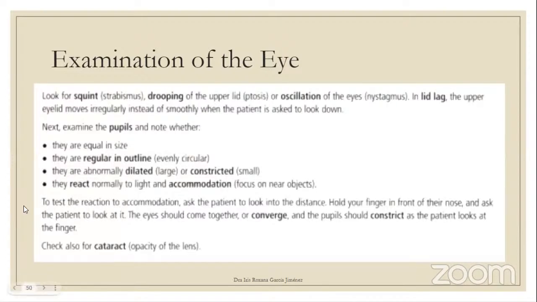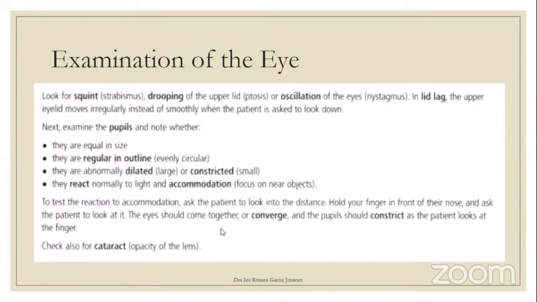Okay. They should come together, or converge, and the pupils should constrict as the patient looks at the finger. I mean, when we move the finger in front of the face, we have the chance to evaluate if the eyes converge and if the pupils constrict. Check also for cataract, I mean the opacity of the lens.